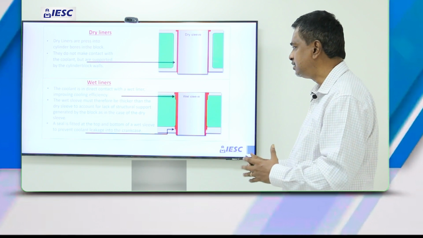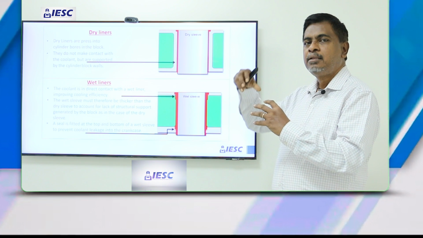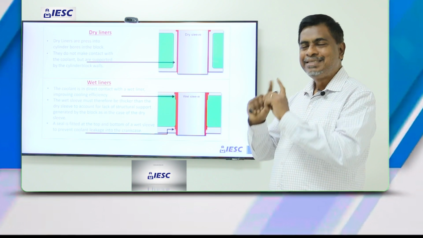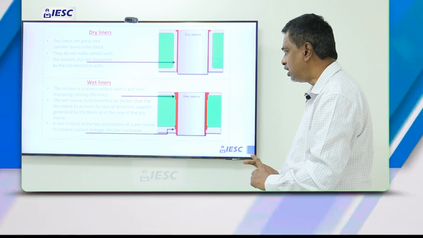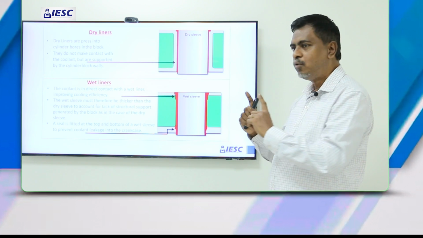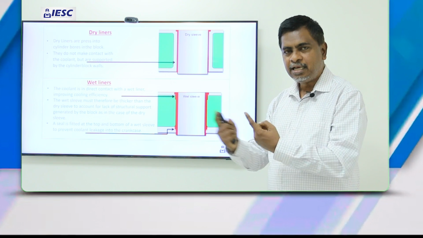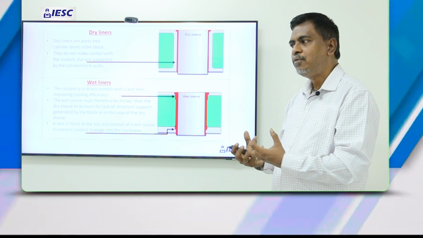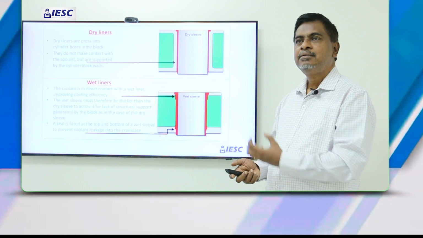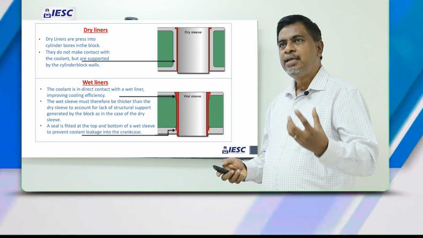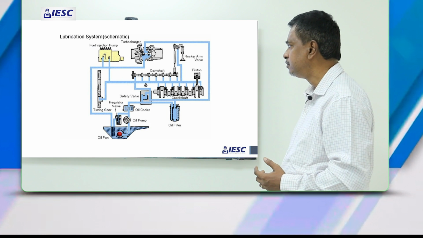The wet liners have sealed rings on top and bottom, where the water jacket goes around the cylinder, takes the heat from the cylinder and circulates it to the radiator to cool the engine.